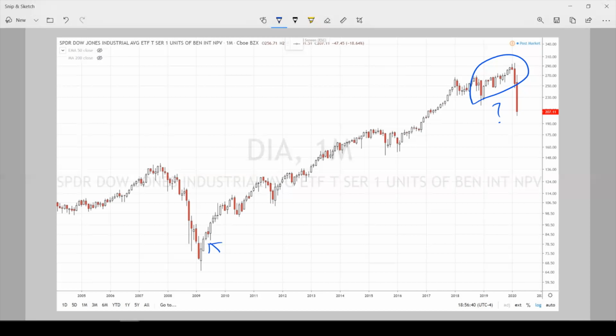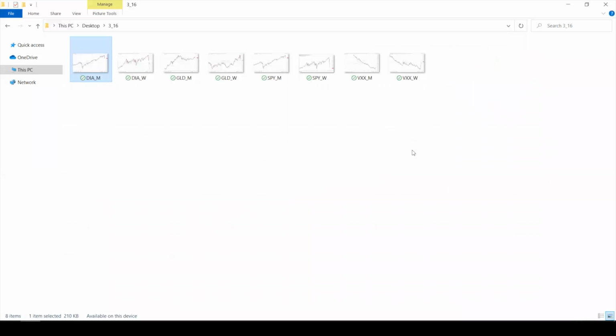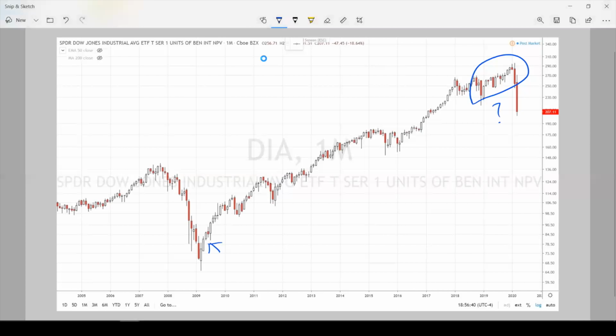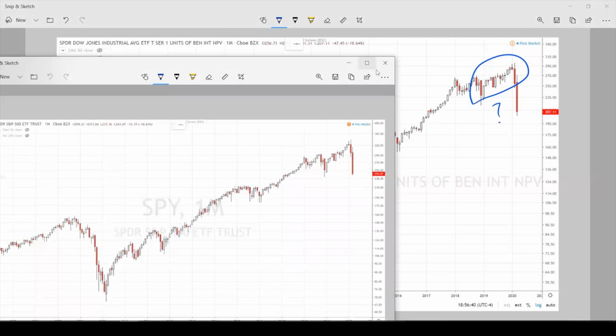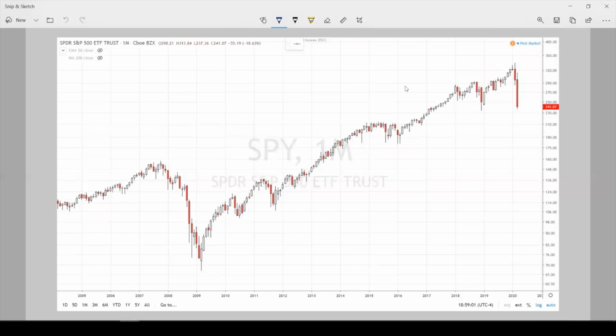And if I look at, this is Dow Jones. How about the S&P monthly? Same thing. This was a trend. However, this is a downtrend. Yes, it's forming a downtrend.